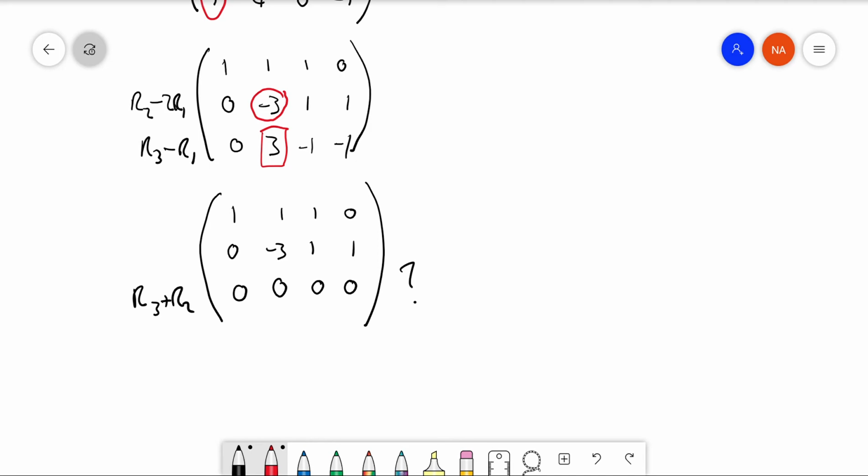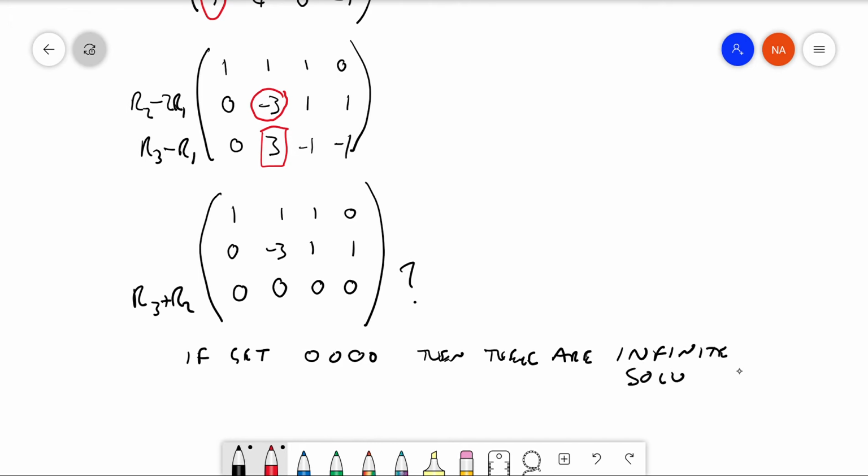And what on earth does that mean? Here we go. If you get a row of zeros, then there are infinite solutions, an infinite number of solutions.